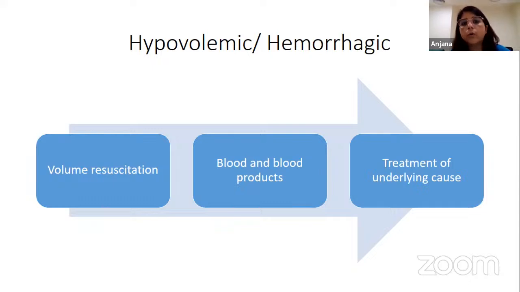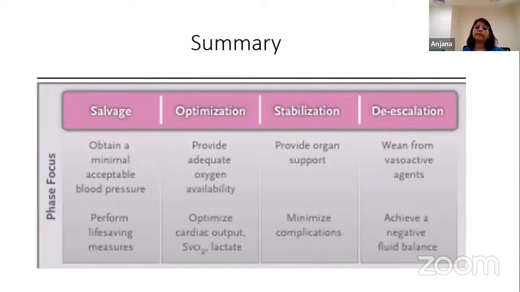Then only whatever resuscitation has been done till now, it will be maintained only once you deal with the cause. So to summarize, your aim is to salvage a patient, right?